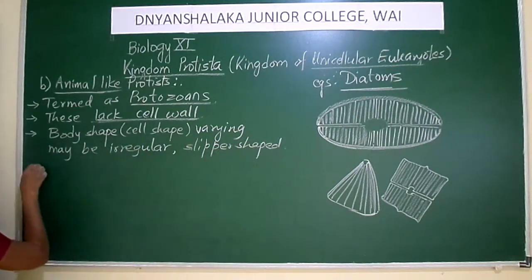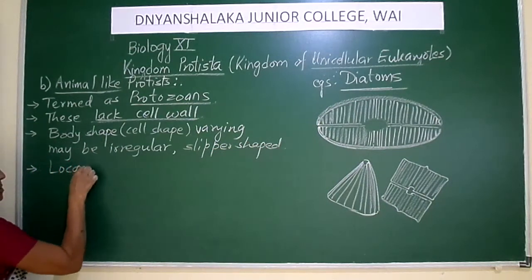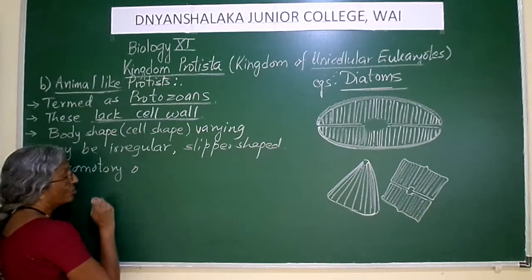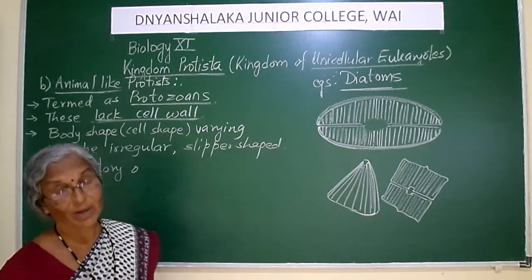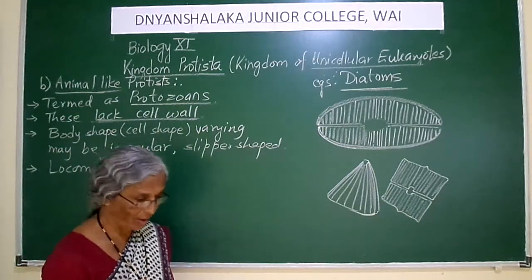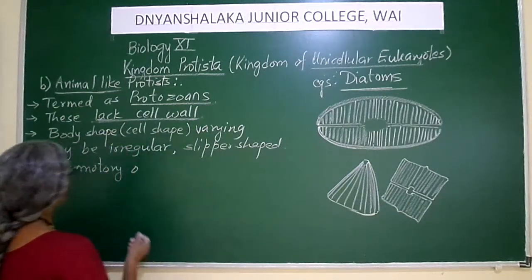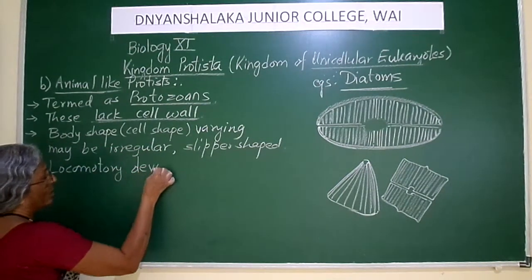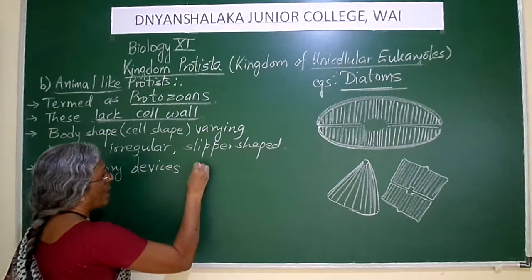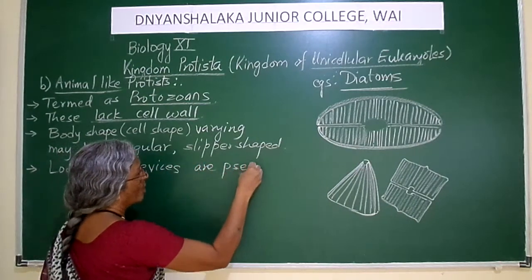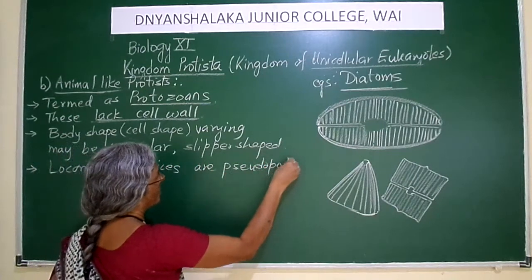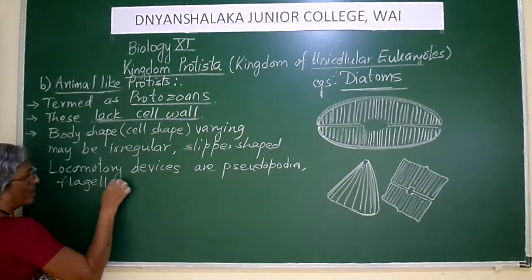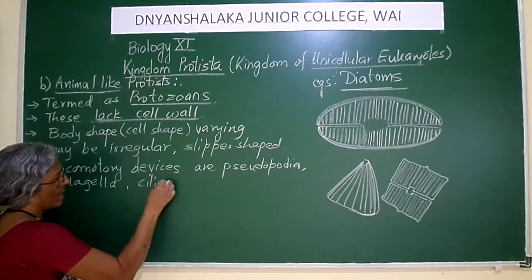Okay, then they have locomotory organs, and these I shouldn't call locomotory organs, because being a single cell you cannot have an organ system in it. So I will call them locomotory devices, and locomotion is brought about by either pseudopodia or flagella or cilia.